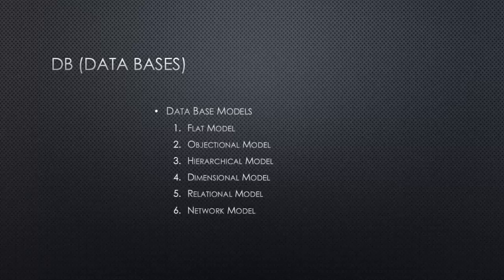It's similar to the hierarchical model, but rather than a table being connected to just the one before it, it can be connected to more than just that. So it creates, as you would guess, a network.